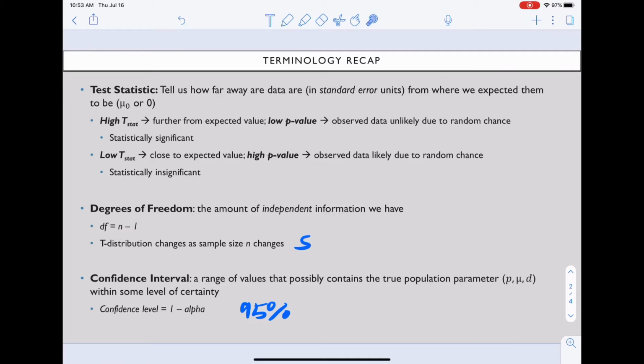And then the higher our confidence level is, that range of values gets wider because we need to include more so we can be certain that the right value is somewhere in there. Right? And then as the confidence level decreases, that means that our interval is going to become narrower, because we're less certain that we got it. We might have hit the bullseye, but we're also leaving more up to being wrong.